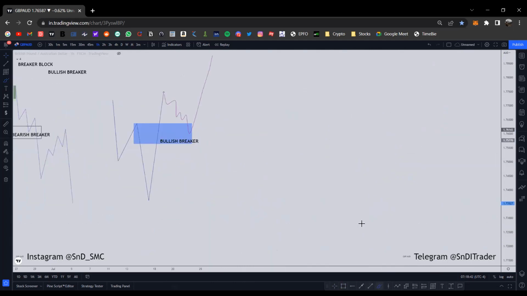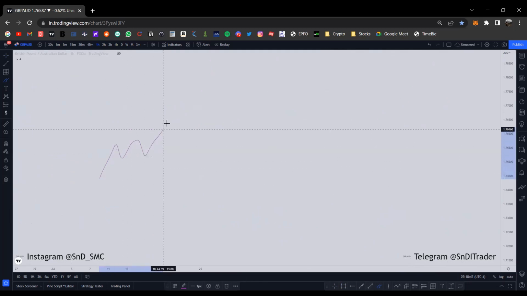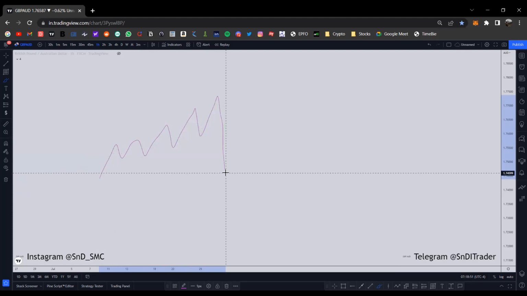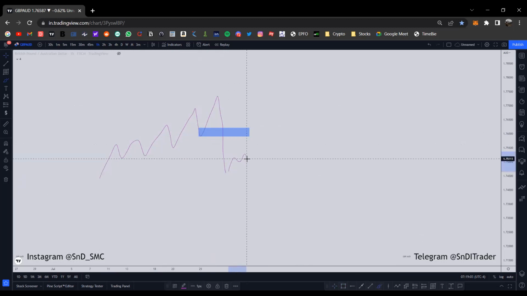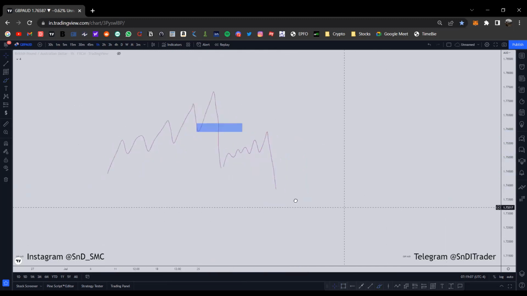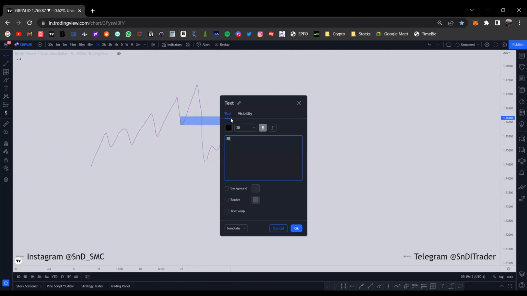Same thing, for example. When price makes higher high, higher low, higher high, higher low, higher high, higher low, higher high, and gives a nice move towards the upside, this last low, which is responsible for the up move, can be a good breaker block for sells. All right, so this will be a bearish breaker.